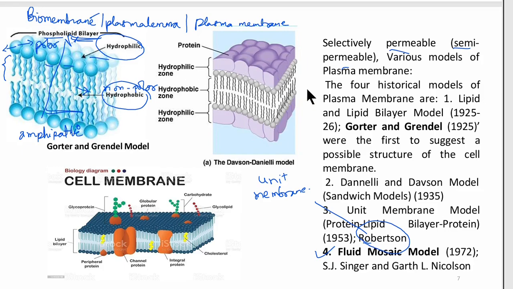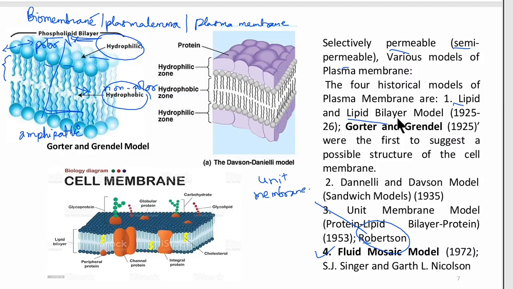And there are various models to explain the plasma membrane. The first is the lipid membrane model, also known as the lipid bilayer model, given by Gorter and Grendel in 1925.